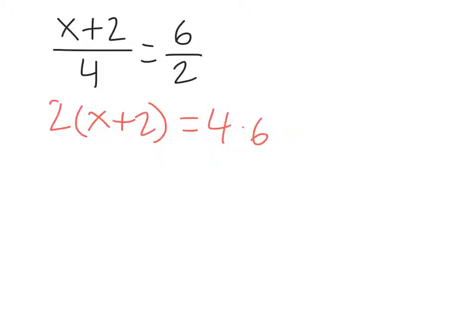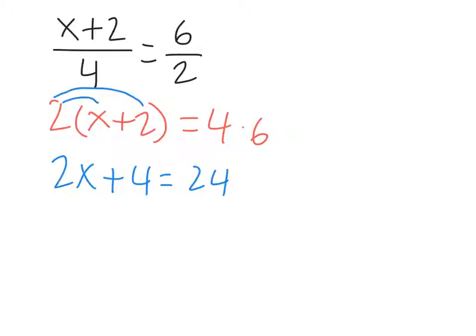Then, to use the distributive property, we say 2 times x is 2x, and 2 times 2 is 4, so plus 4. And then on the right side, 4 times 6 is 24.